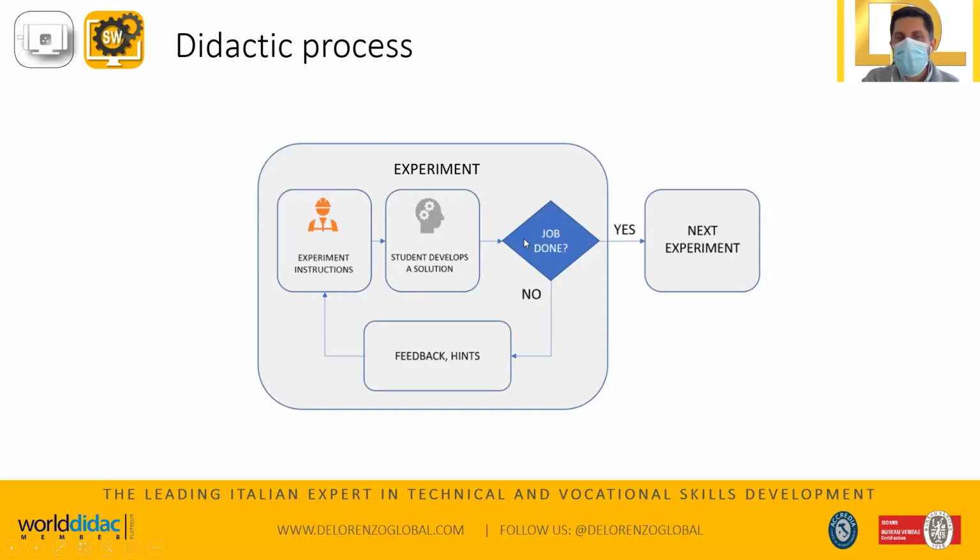If a connection or some error was made in the assembly of the machine, he will receive some feedback from the platform to actually correct the cabling or the assembly, and then move on to complete the experiment. So this is the iterative didactic process that is put into place.